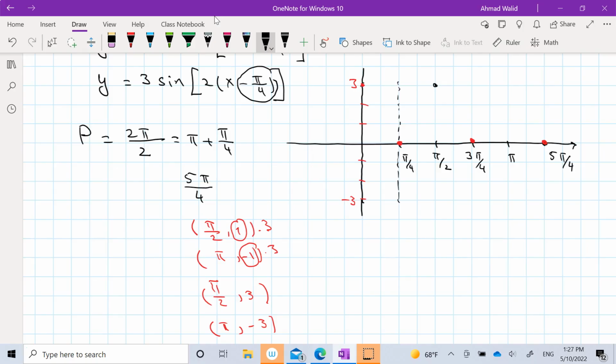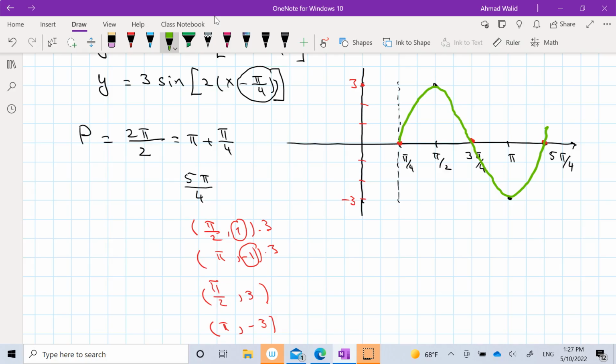At pi, it becomes -3. Only you need to connect these points with a smooth curve. It's the easiest way to graph these trigonometric functions. Believe me, I'll show you the easiest way.